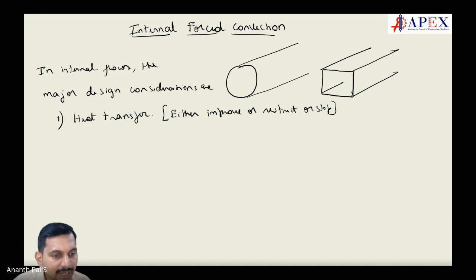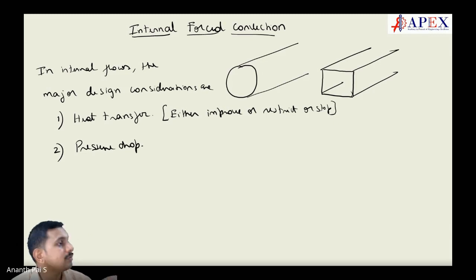Second one is pressure drop. Pressure drop is a major consideration. In heat exchangers, generally it is a main thing which we have to discuss. So it's always the trade-off between pressure drop and heat transfer. What is the pumping power which is required?